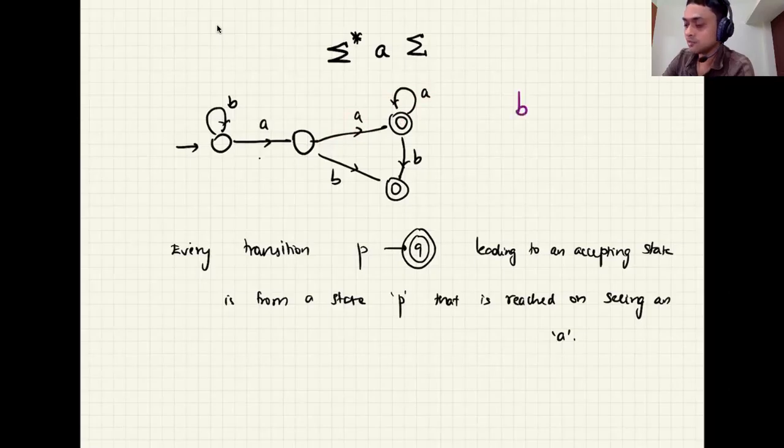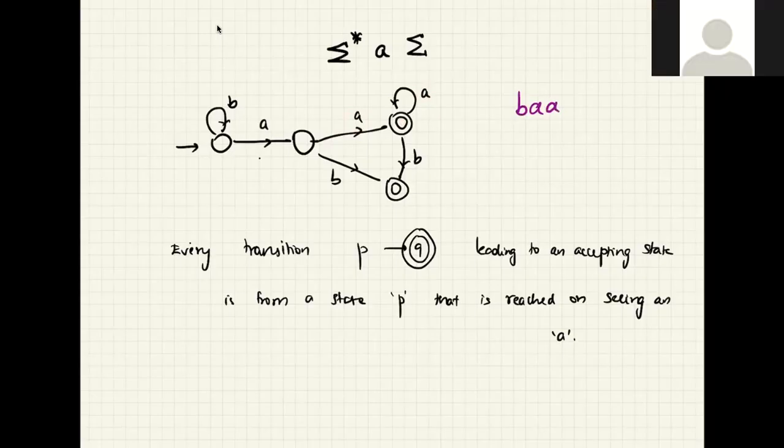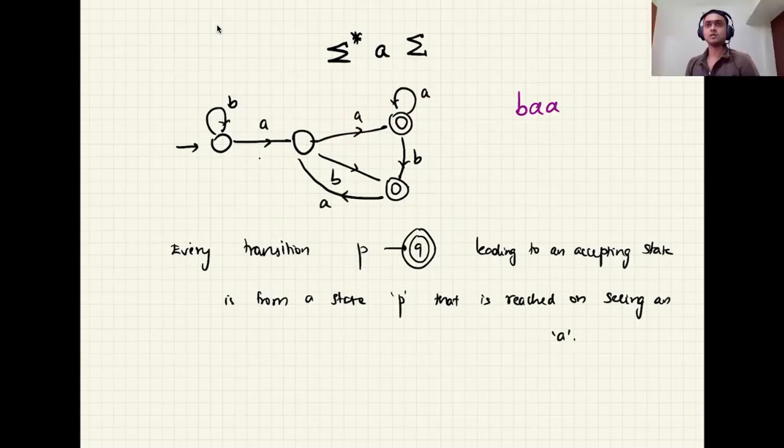Yeah, B, A, yeah. Sir, after reading B, we can again read an A. Sorry, yeah, I missed that. So from this state, if I read an A, I should go back, not here, I should go back here, to the second one. Yes, correct, thank you.